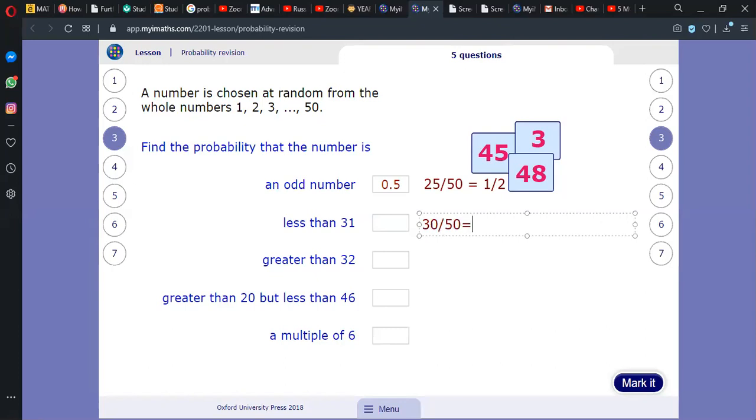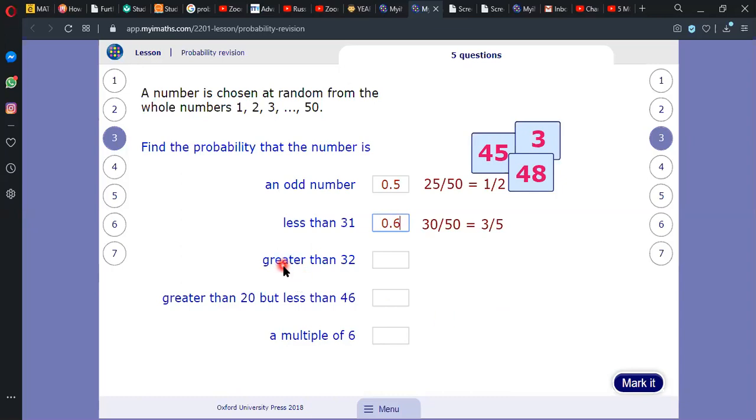If you reduce that, you get 3 over 5, and 3 over 5 in decimal should be equal to 0.6. So I put in 0.6 and move to the next one.